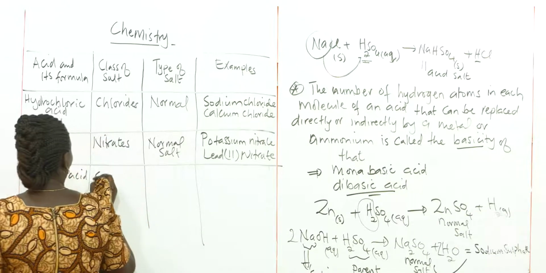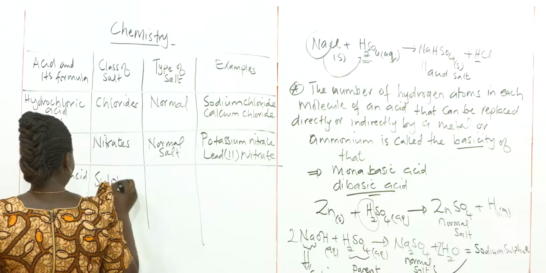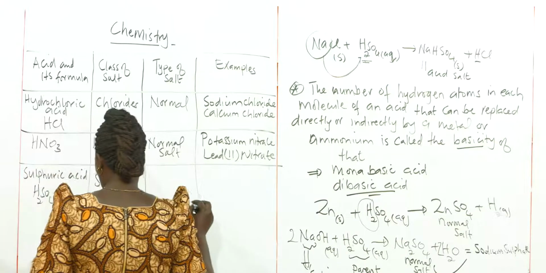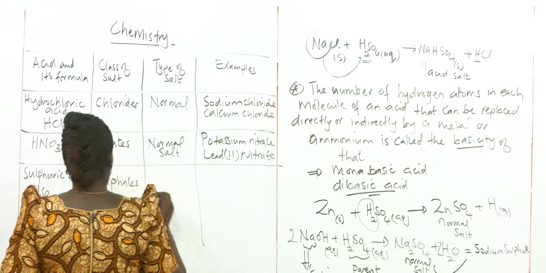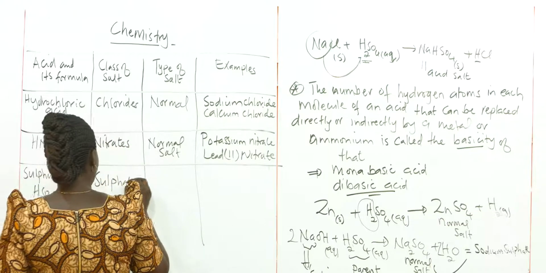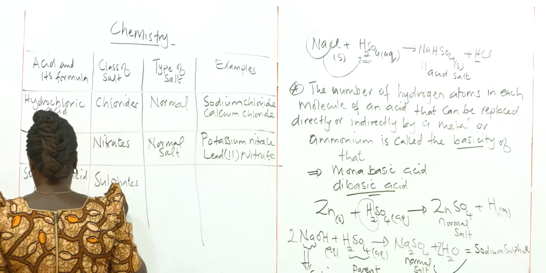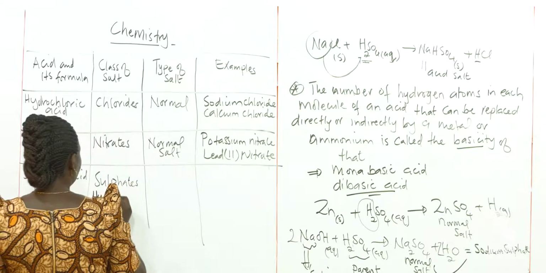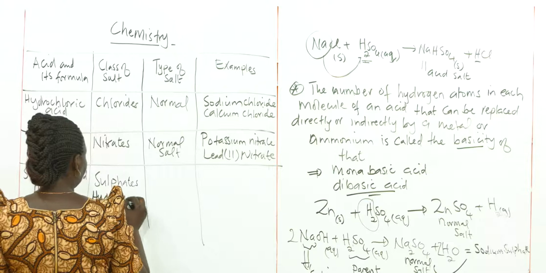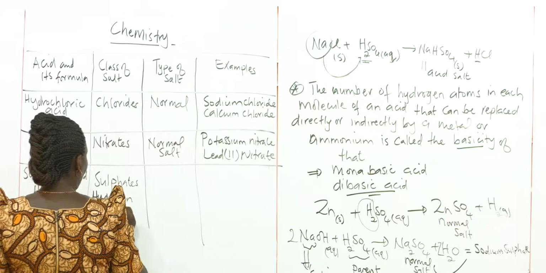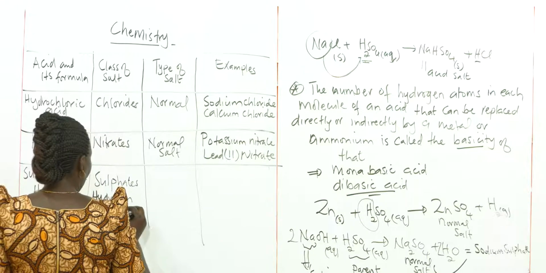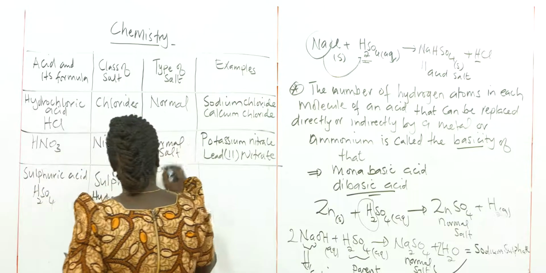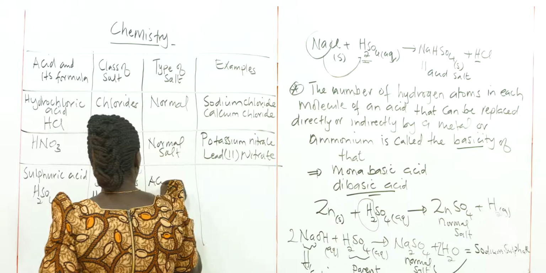The class of salt will be sulfates, and then we can also have hydrogen sulfates, because sulfuric acid is a dibasic acid. Then the type of salt, we get acidic salt.